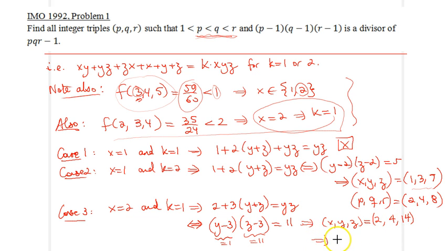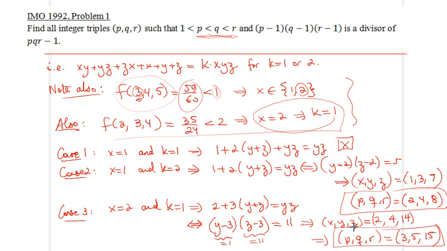Therefore pqr is equal to 3, 5, 15. And those are the two solutions to the given problem. So that solves our problem, and hope to see you in our next video.